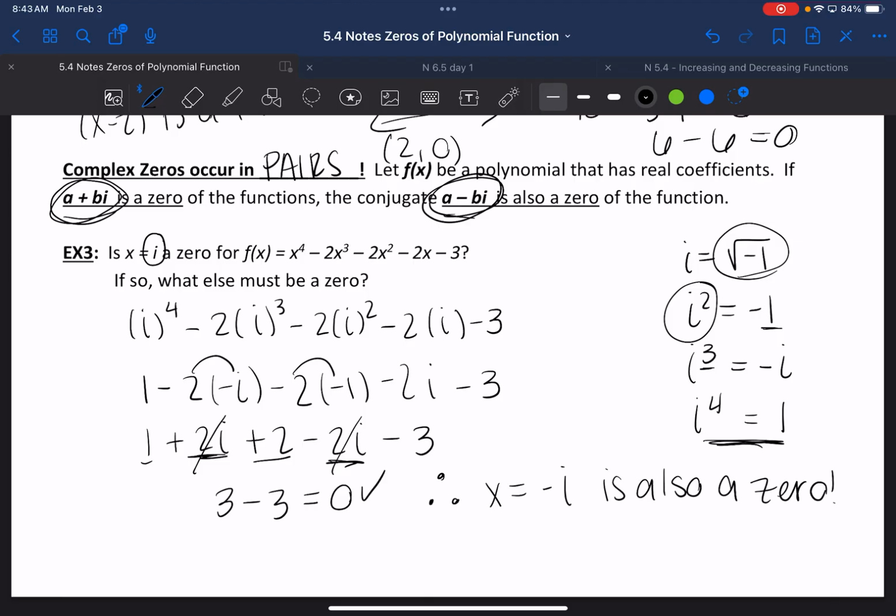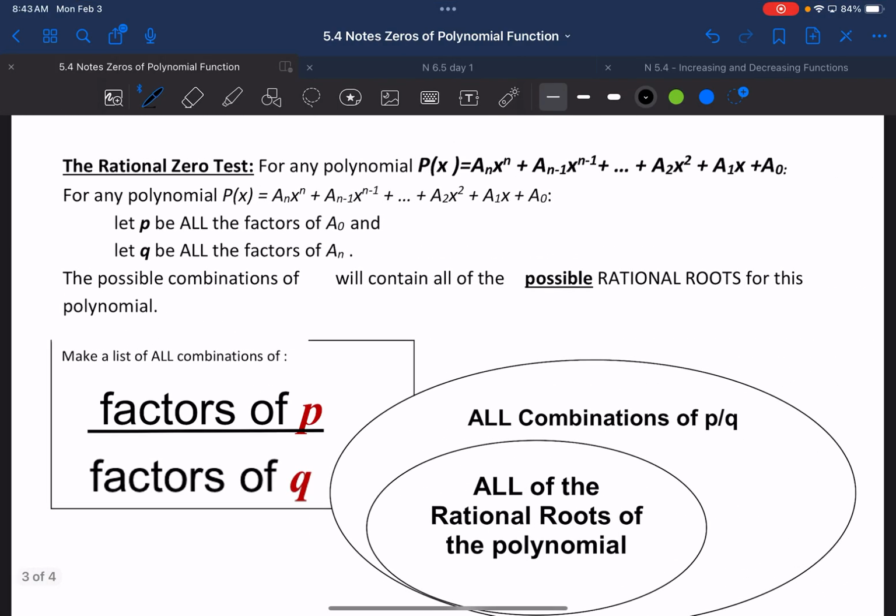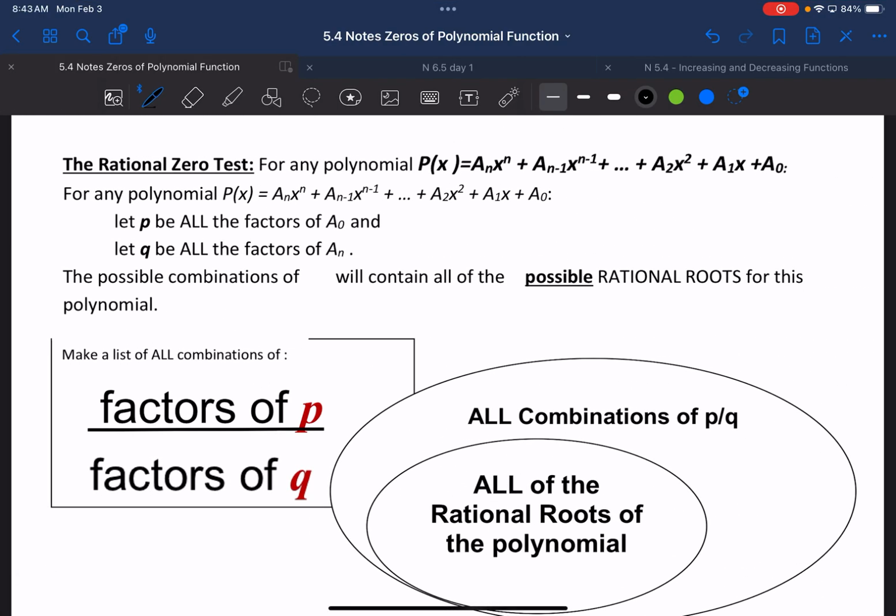All right, we also have a test we can run in case they don't give you some factor to start with. They don't say, okay, try this factor. Well, you don't want to just start having to guess at what potential numbers could be a factor, right? So we have what's called the rational zero test.